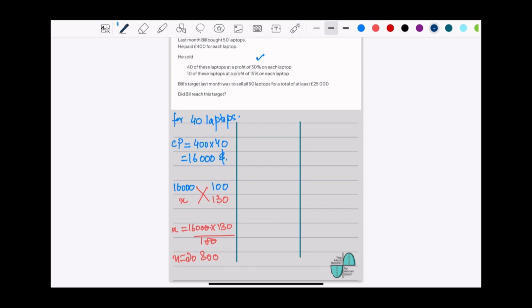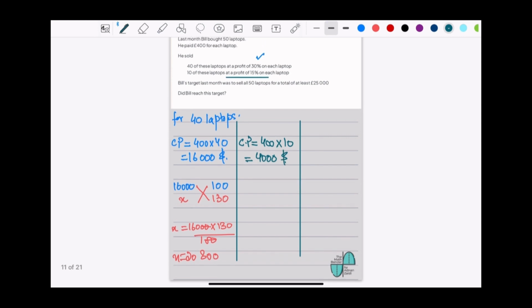Now let's look at more. 10 of the laptops were sold at a profit of 15% each. So the cost price of those 10 laptops is going to be 400 times 10, which is going to be 4,000. So I need to find out the cost price in order to find out the selling price as well. So now 4,000 was the cost price, which means 100% in terms of percentages.